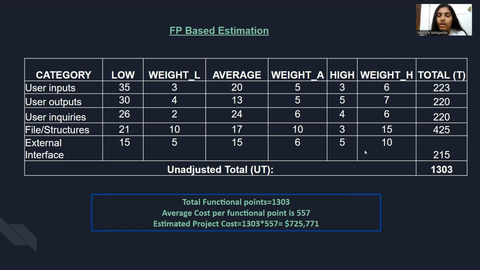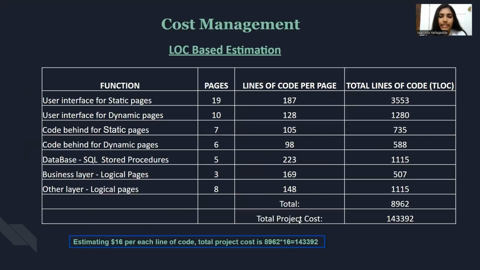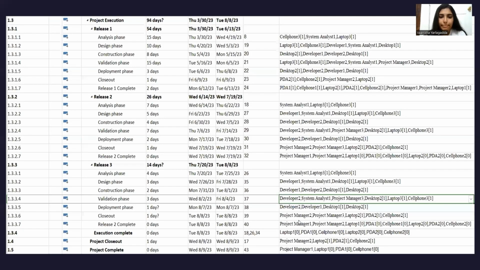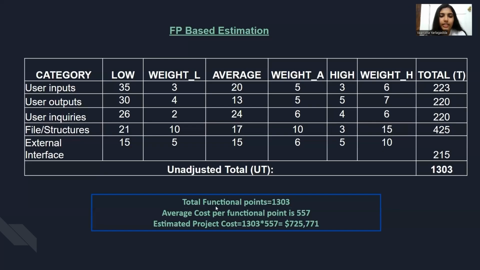The total value will be the unadjusted total, the sum of all the categories' totals. And here, the total functional points is the unadjusted total, and the average cost per functional unit is 557. So the estimated project cost will be the total functional points multiplied by the average cost.